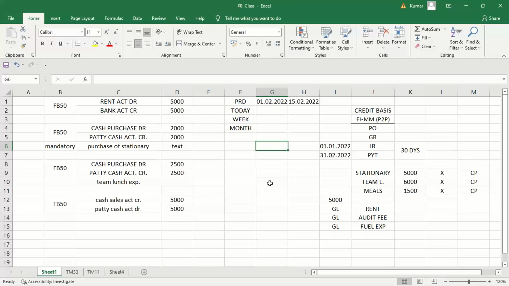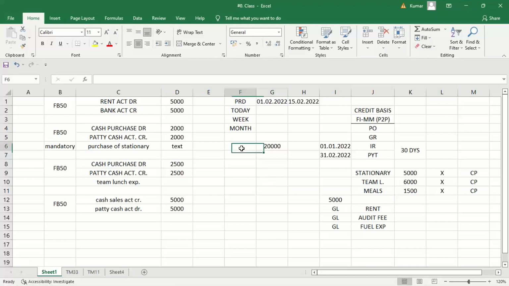From finance and accounting, a particular accountant will be responsible for all these cash related transactions. So an amount of 20,000, let's suppose, is withdrawn and handed over to that accountant.